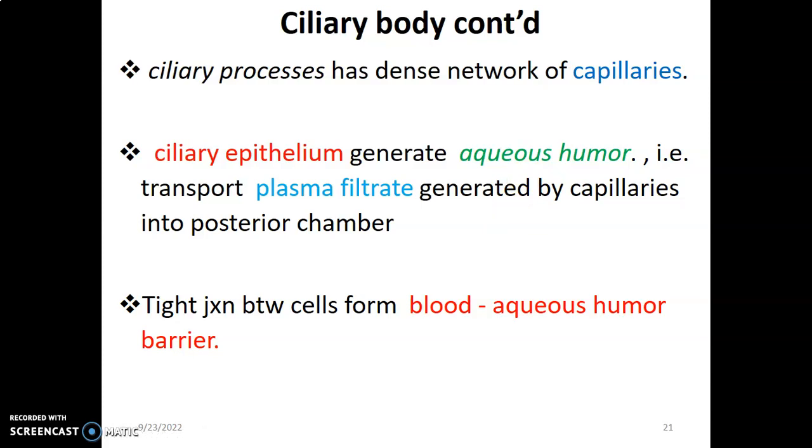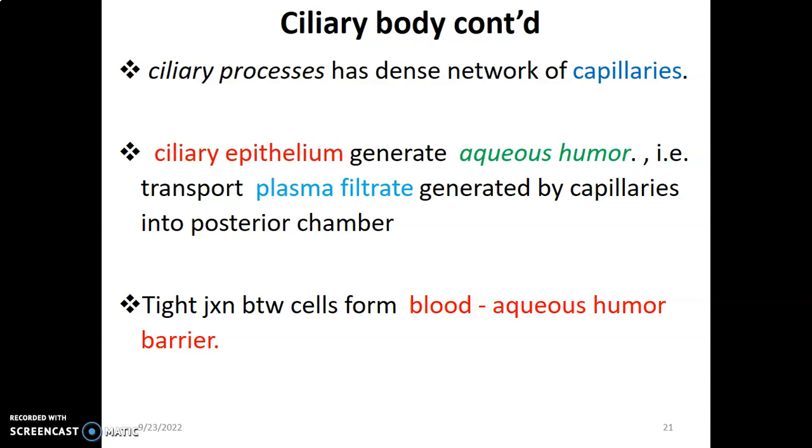Then we have zonular fibers. What are zonular fibers? You have fibers from the ciliary processes that extend to the lens. So they're the ones suspending the lens. They're called suspensory ligaments of the lens. And we have ciliary muscles. Ciliary muscles actually attach to the sclera, and they are able to stretch the ciliary body. So when the ciliary muscle contracts, what happens?